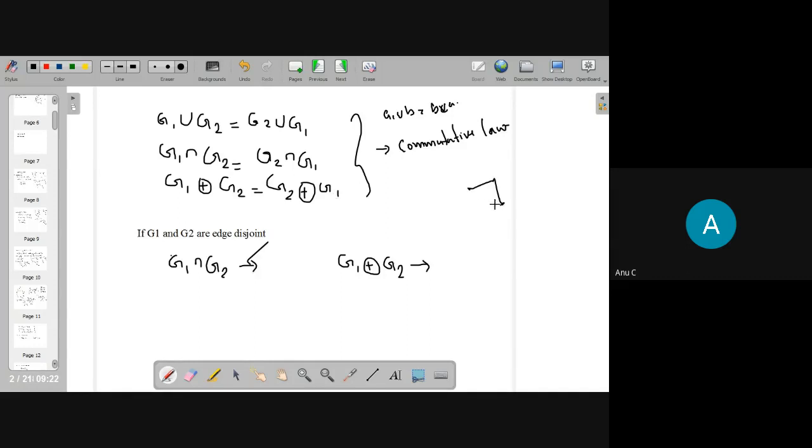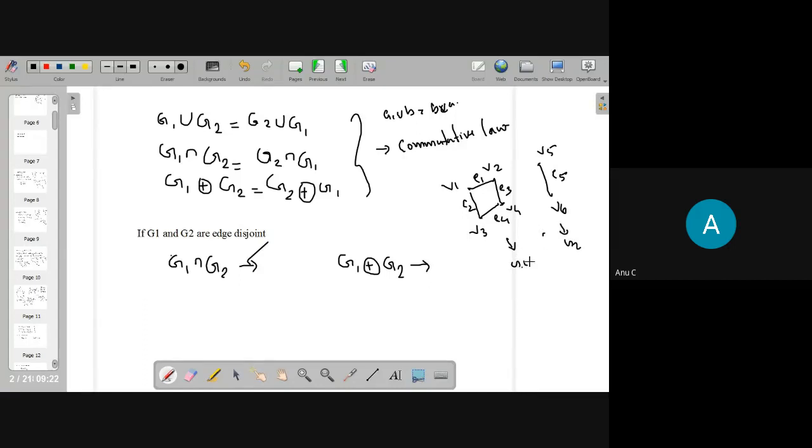G1 and G2 are edge disjoint. This one G1, this one G2.